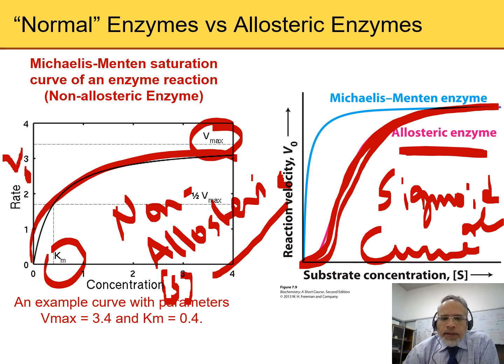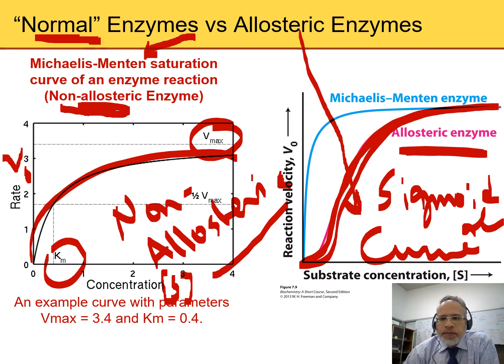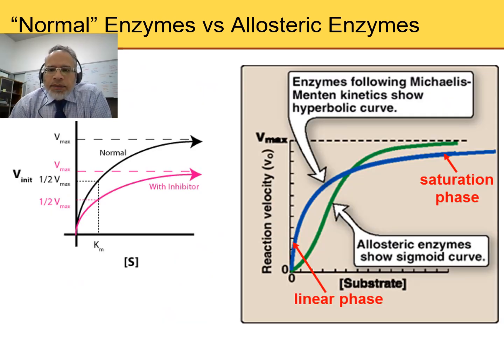So you can see the difference between a normal non-allosteric enzyme, which we call Michaelis-Menten, and an allosteric enzyme, which has sigmoidal curves. And that's the same thing shown here: enzymes that follow Michaelis-Menten show this hyperbolic curve, which you've seen before, and allosteric enzymes show a sigmoidal curve, which shows allosterism.